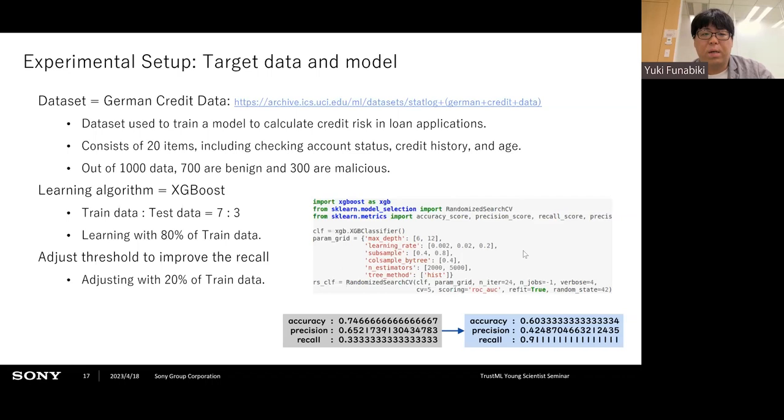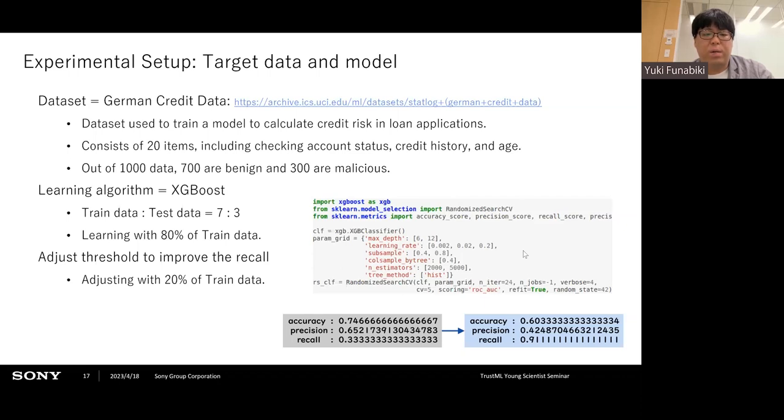But in a fraud detection task, recall is a very important metric, because if the recall is low, it means we miss malicious input in the detection phase.